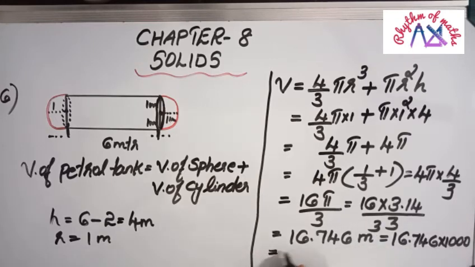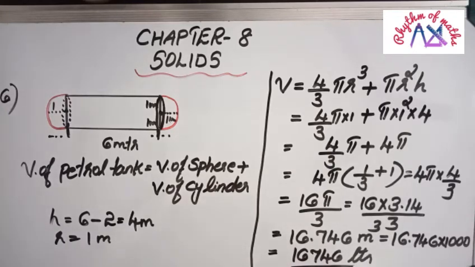So the answer is what? 16,746 liters. 16,746 liters is the volume of this particular petrol tank.